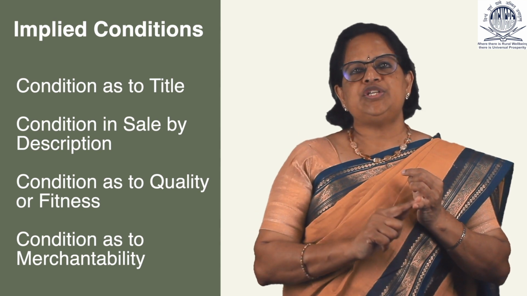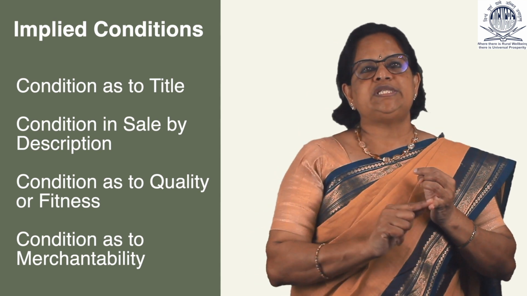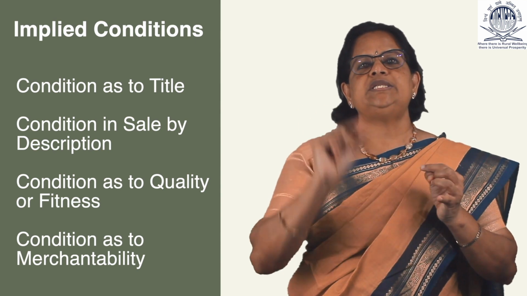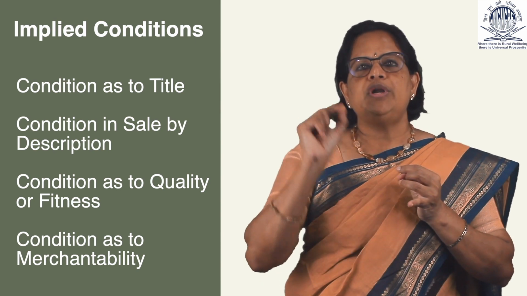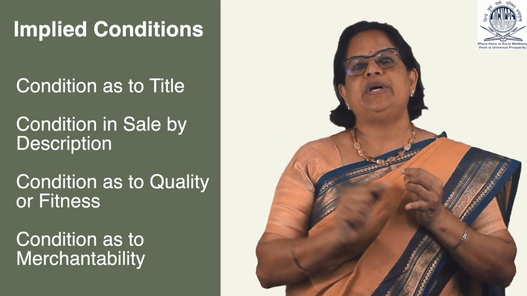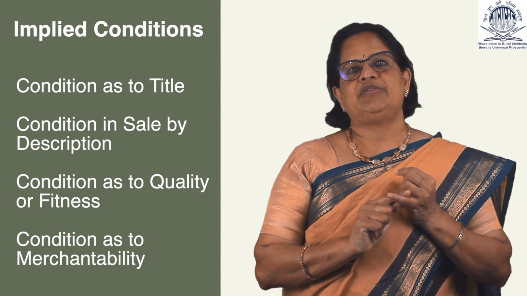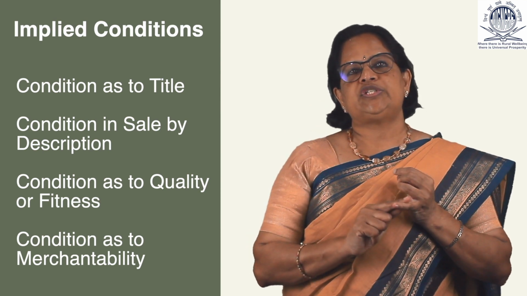This implied condition is applicable if it is a sale or agreement to sell. The reason is in a contract of sale, ownership has to pass from seller to buyer. If the seller's title turns out to be defective, the buyer can reject the goods.